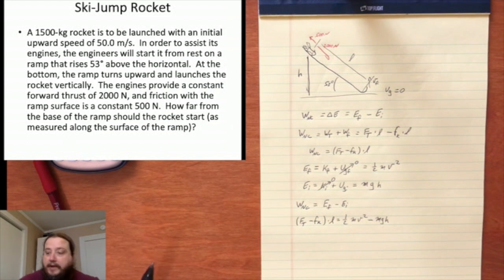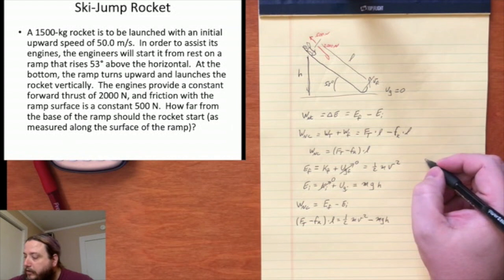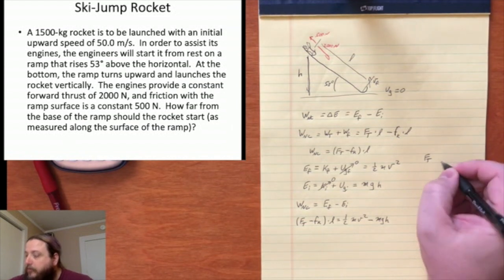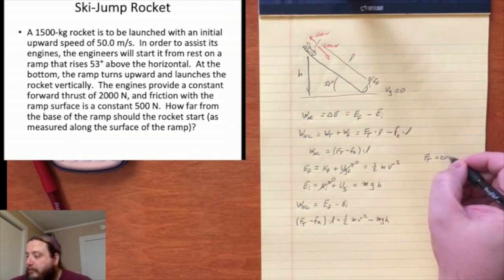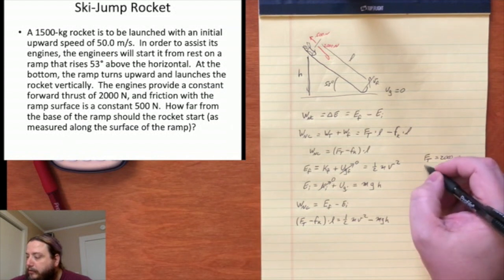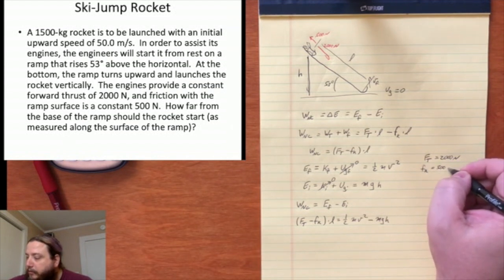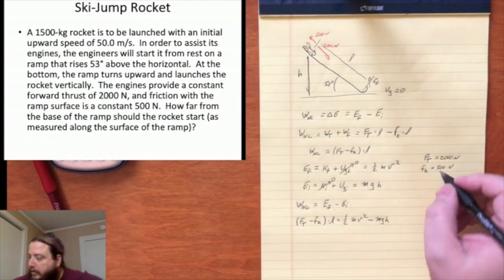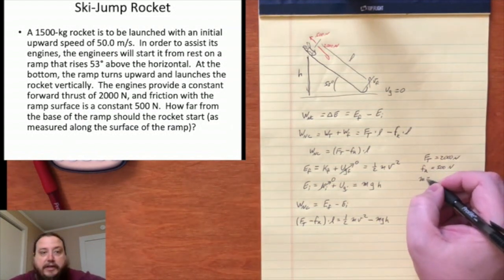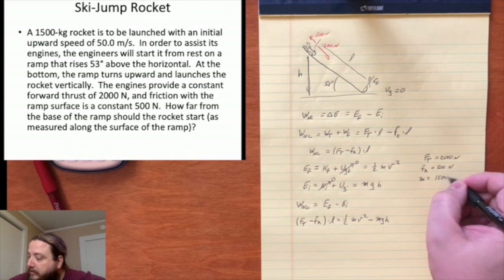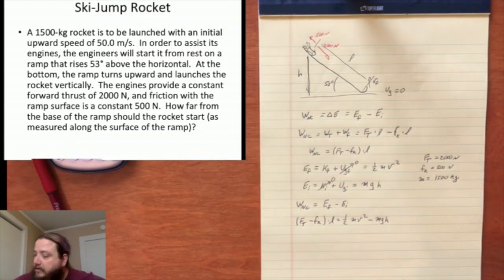And now we have to go back and figure out what it is that we know and what it is that we don't know. So we know the force of thrust is 2,000 newtons. We know that the friction force is 500 newtons. We know that the mass of our rocket here is 1,500 kilograms.